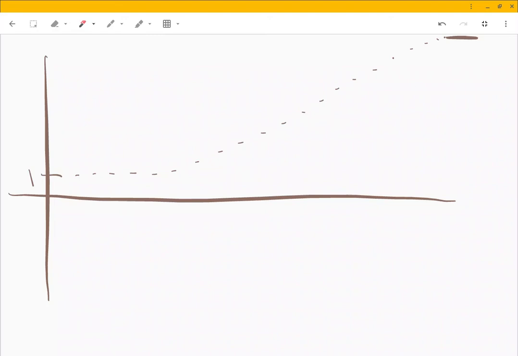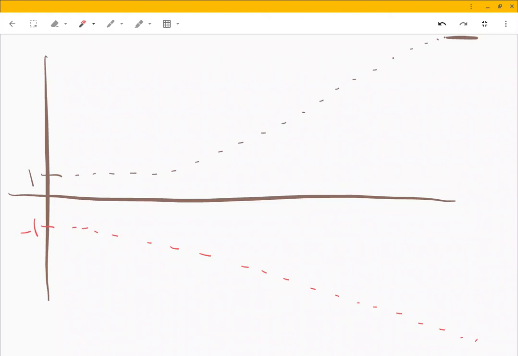So arbitrarily, let's say a_n is negative n. So it will start from -1 and it will decrease till negative infinity. Okay, that is a vague thing to say, but yeah, it will decrease.